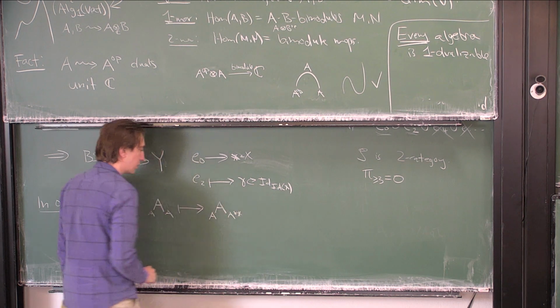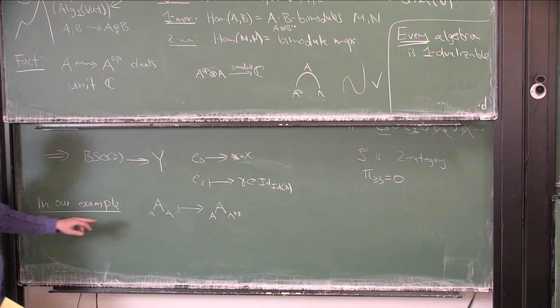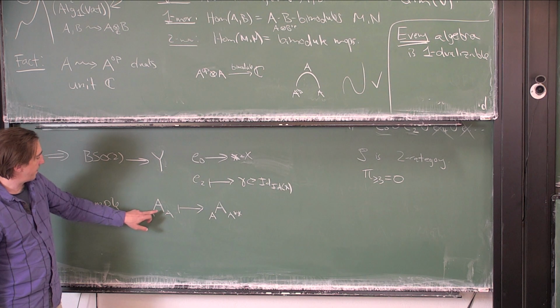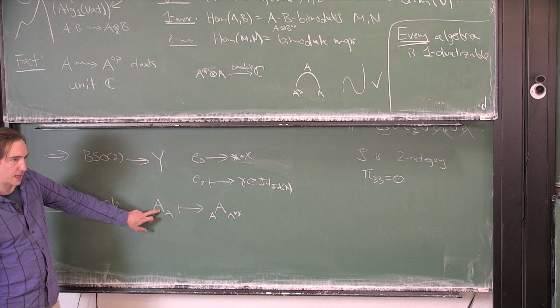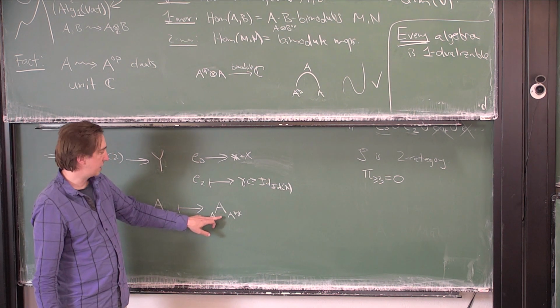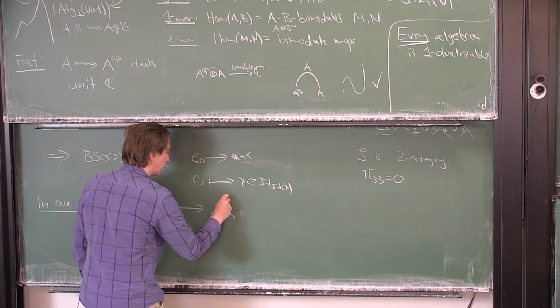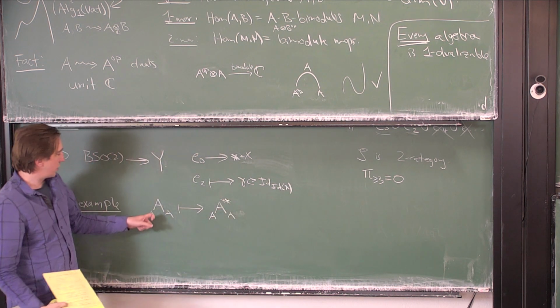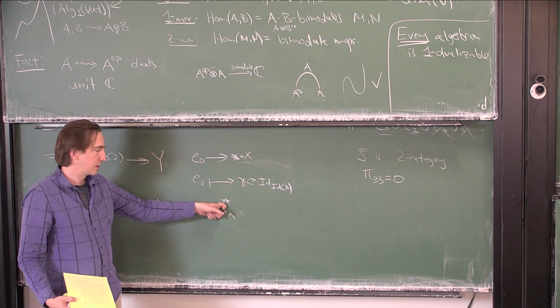So I'm going to take the vector space A. The vector space A, it being finite dimensional, is isomorphic to its double dual. Let me put the double dual here to clarify. So the vector space A is isomorphic to its double dual as a vector space.